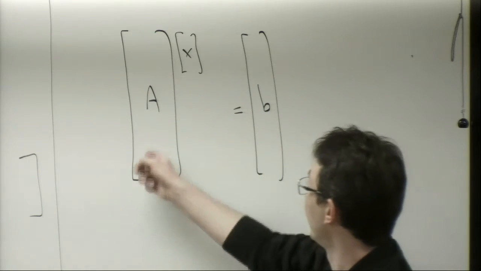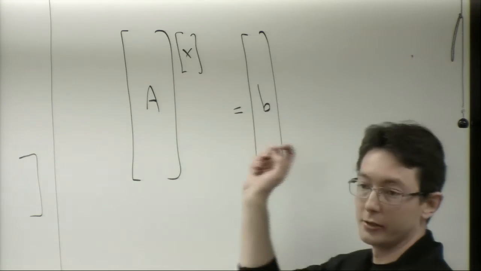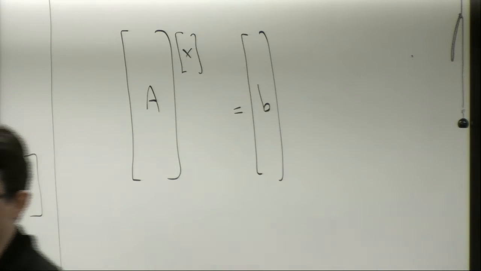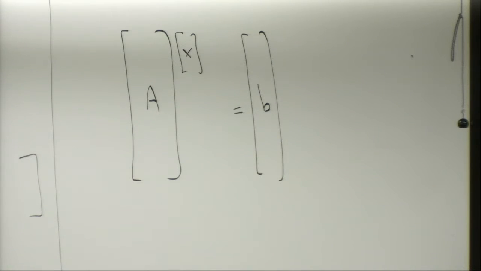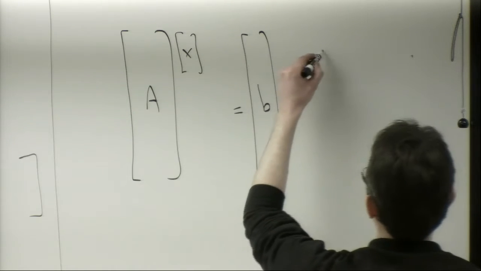So what can you say, generally speaking, about the solutions X to the system of equations? Are there going to be solutions? Is there one solution? Are there many solutions? What can you say about what's likely to happen with this solution X? Okay, so we call this overdetermined, meaning I have way too many measurements.